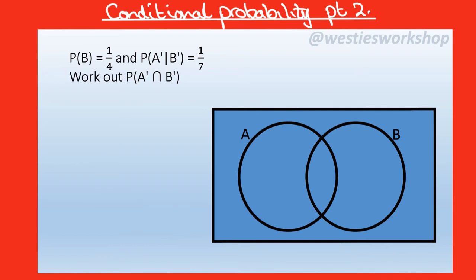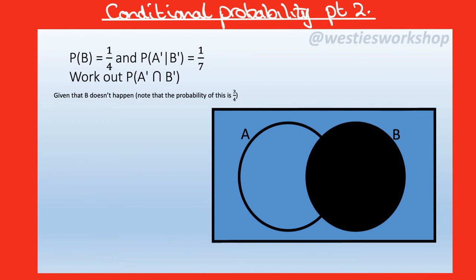In this question, the probability of B is 1/4, and the probability of not A given not B is 1/7. Work out the probability of not A intersection not B. Given that B doesn't happen, note that the probability of this is 3/4. The probability that A doesn't happen is 1/7.